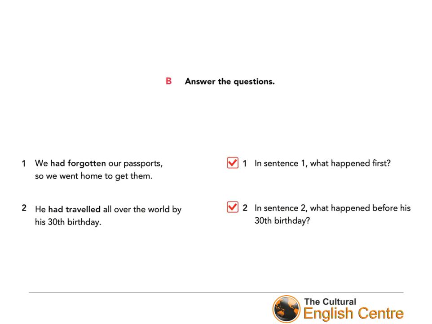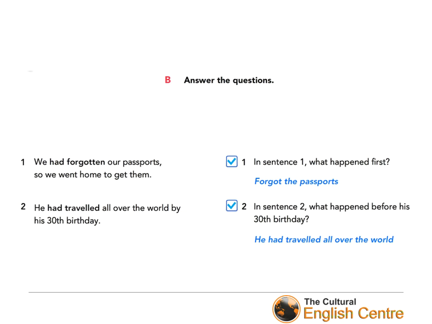A couple of questions now. In sentence 1, what happened first? And in sentence 2, what happened before his 30th birthday? Take a few seconds. And I'm sure you know that in sentence 1, forgetting the passports happened first, and in sentence 2, he had traveled all over the world before his 30th birthday.